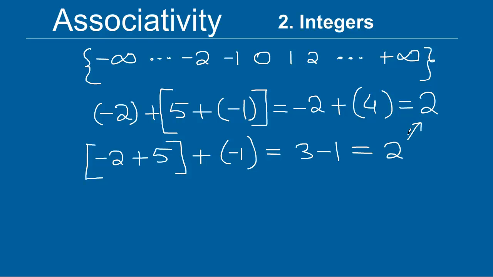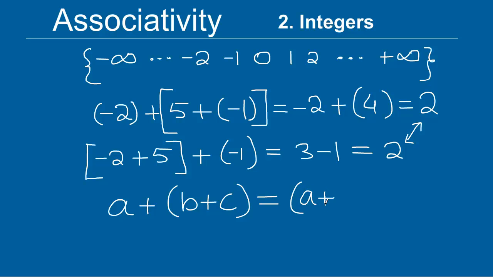Indeed, we notice that these two are the same. So for integers, A plus (B plus C) will always be equal to (A plus B) plus C. So for addition, for integers, we say addition is associative.